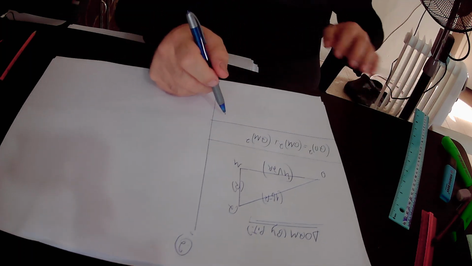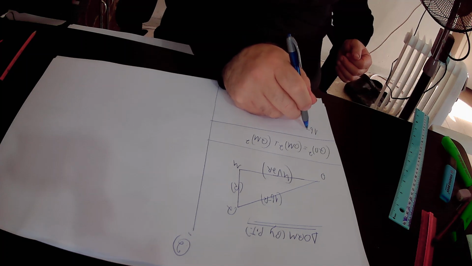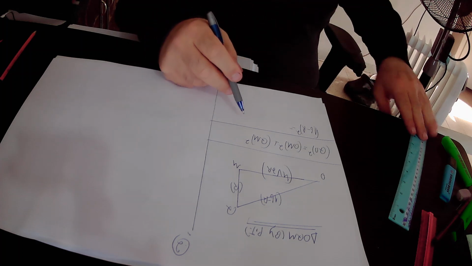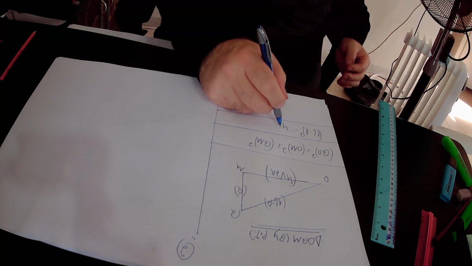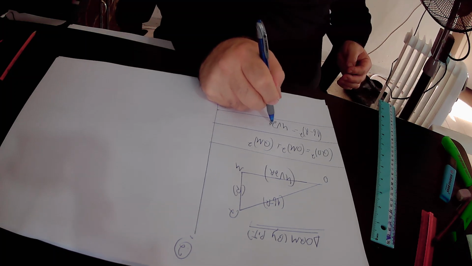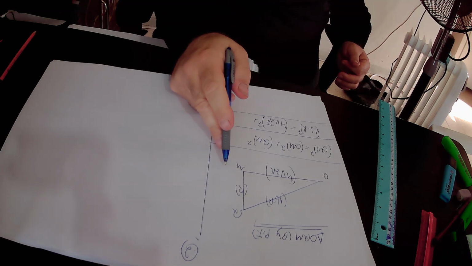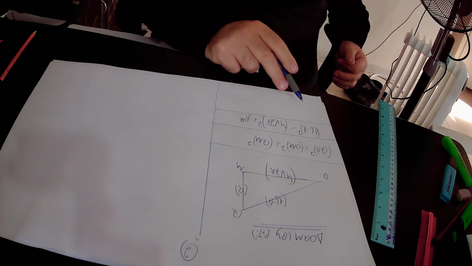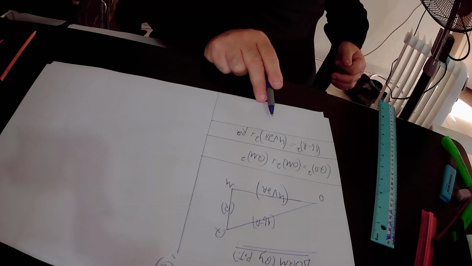QO is 16 minus R, therefore QO square is (16 minus R) square, and it is equal to OM square. OM is 4 times square root of 2R, therefore OM square is (4 times square root of 2R) square, plus QM square. QM is R, therefore QM square is R square. So according to the Pythagoras theorem, we found out that (16 minus R) square equals (4 times square root of 2R) square plus R square.